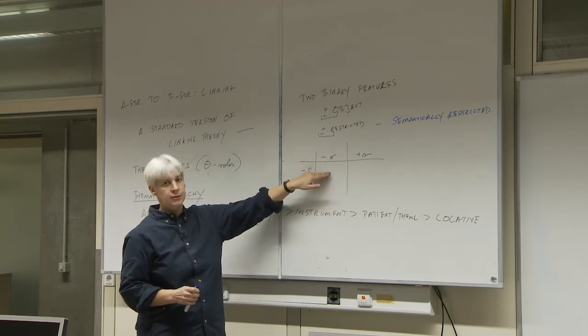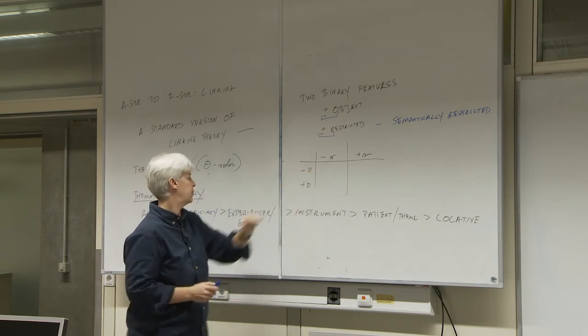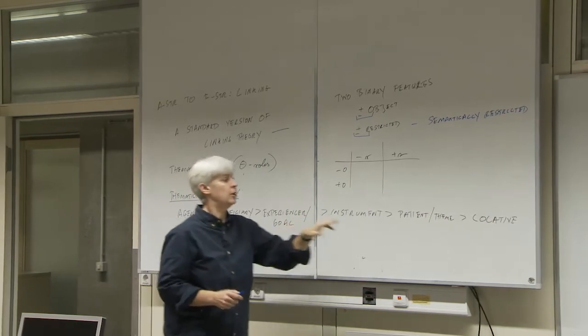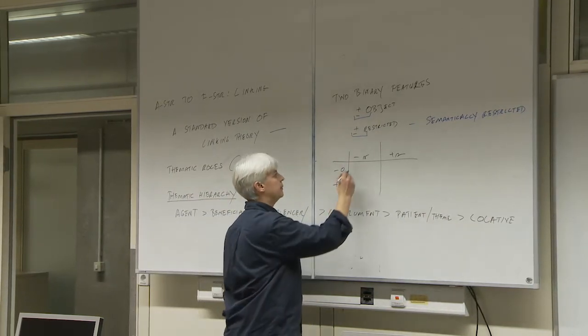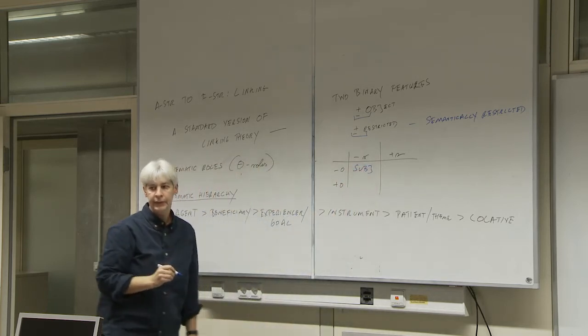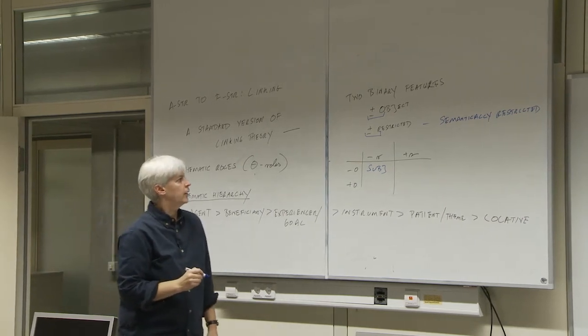This is a bit more difficult to answer just like that, but if you look at how subjects work across languages, they can be agents, they can be experiencers, they can be locatives even. So there seems to be no restriction. Okay, how about object?